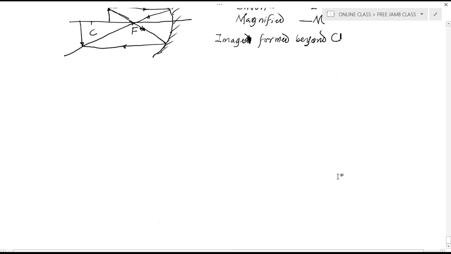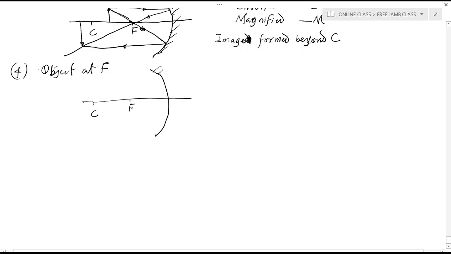Now let's look at object at F. If the object is here, we have this ray going this way, parallel.